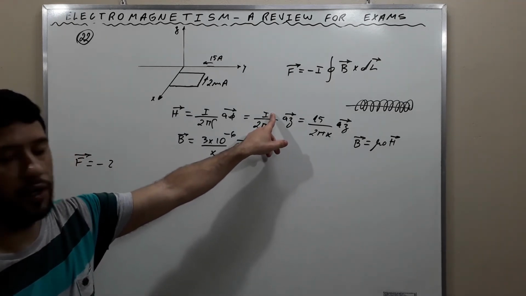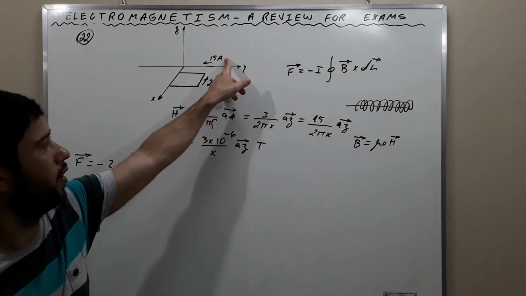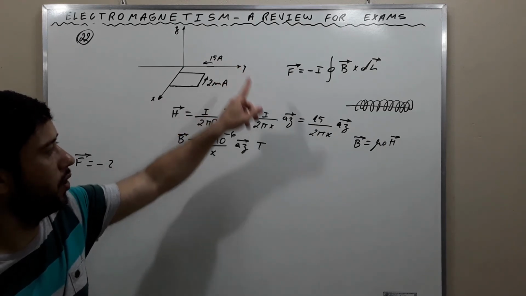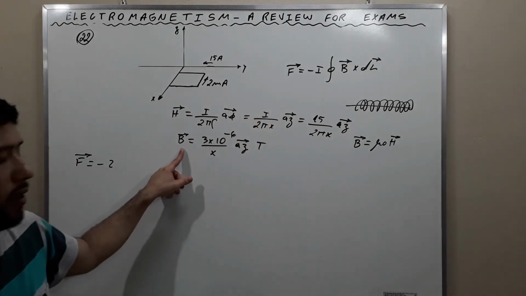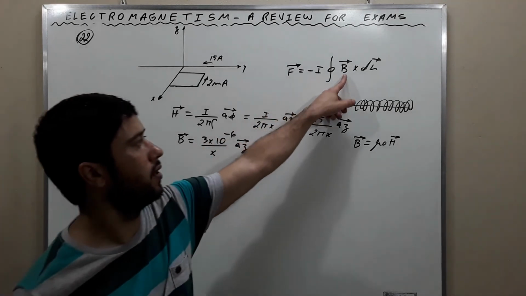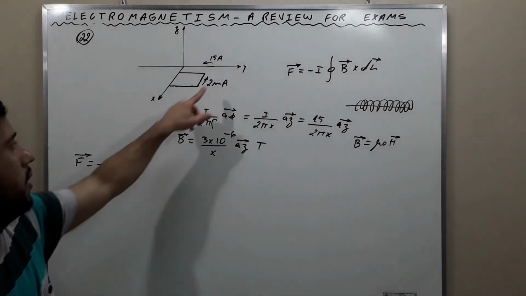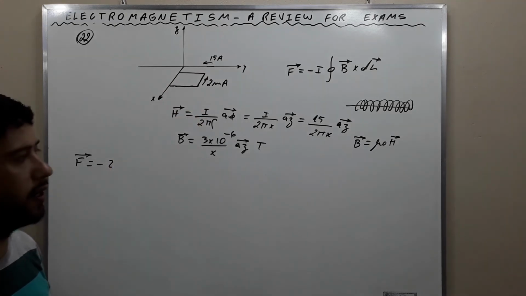Here, the creator of the field is this current here. But when we want to compute the force, we already used this current here for the flux density. We need to put here now the current flowing in this loop of wire here, okay?